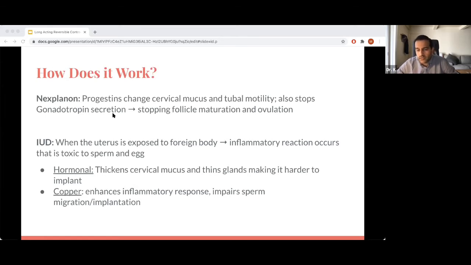So those two things are the really big mechanisms of how these work. I included some other things that are relevant. The copper in and of itself doesn't have any hormones, so it's more of an inflammatory response. Whereas the hormonal IUD actually thickens the cervical mucus and thins glands, which also makes it harder to implant. But that's just a basic overview of how these contraceptives work.